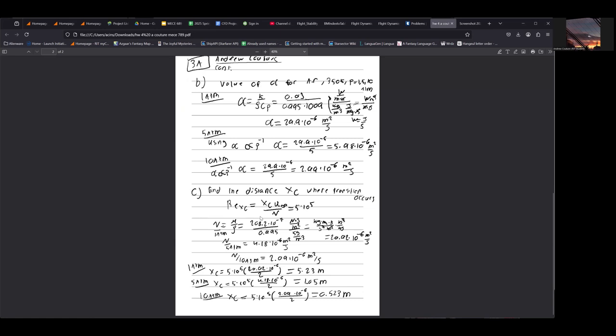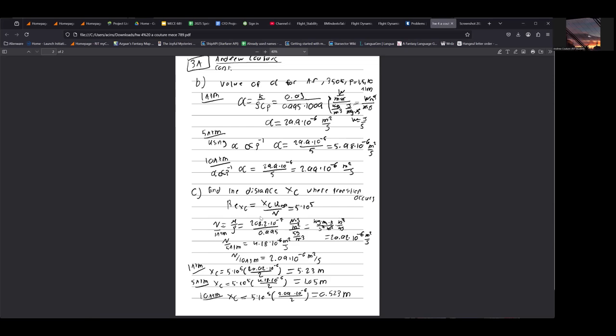And same thing for the distance, xc, where transition occurs. The equation is xc times u infinity over kinematic viscosity v equals 5 times 10 to the 5. Obviously solve that for xc, you end up with xc equals 5 times 10 to the 5 times kinematic viscosity divided by essentially 2. But you need kinematic viscosity in order to get that, so you do the exact same thing we did above.